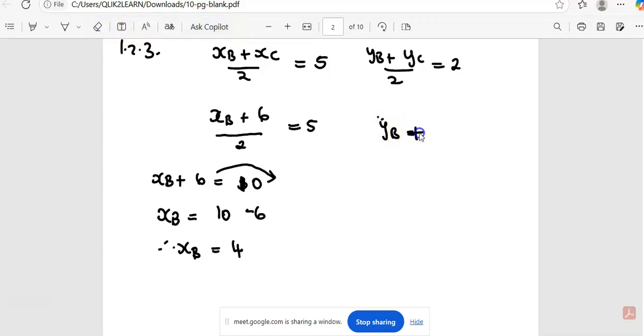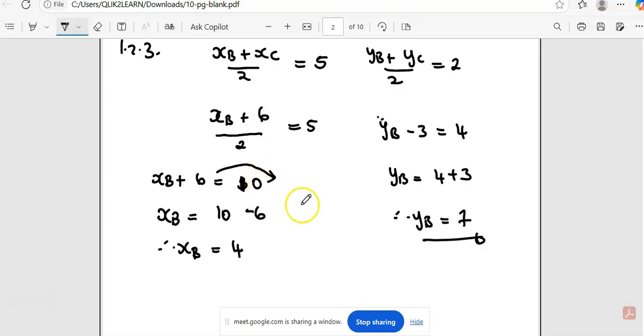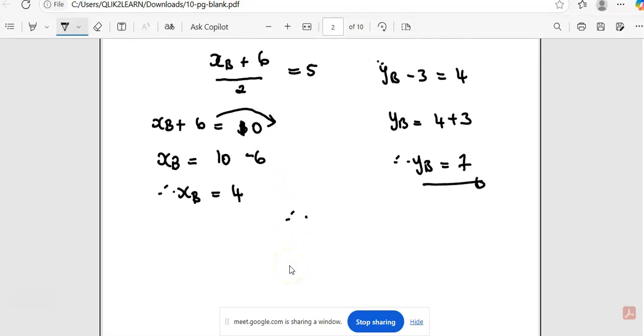So it's going to be y of B minus 3, which is equal to 2 times 2, which is 4. We have to solve for y of B. The 3 will come this side to be positive. Therefore, the y of B is equal to 7. This is how you find the coordinates of B. Therefore, B will be 4, which is the x coordinate, and 7, which is the y coordinate.